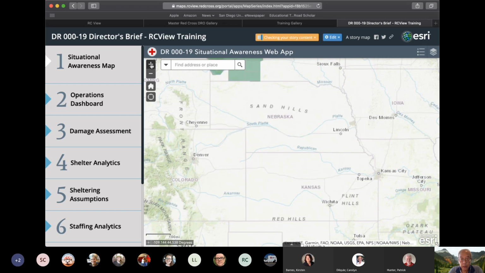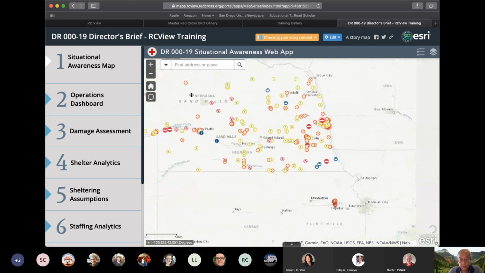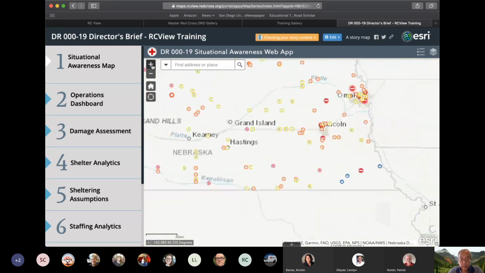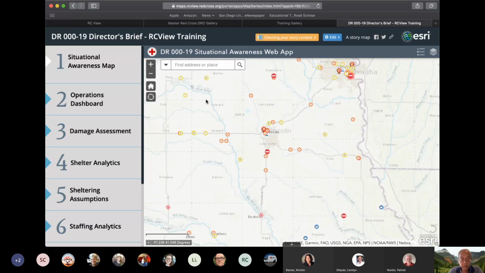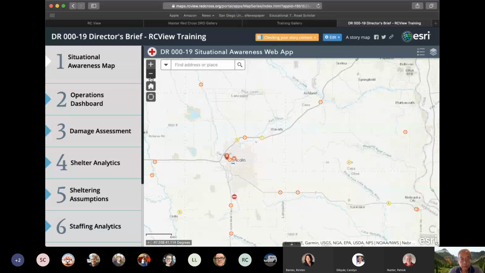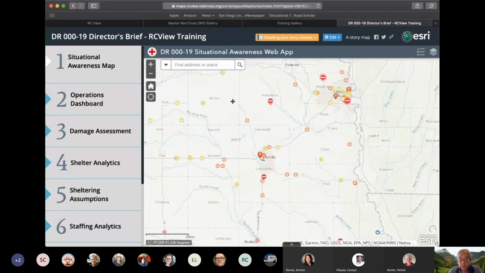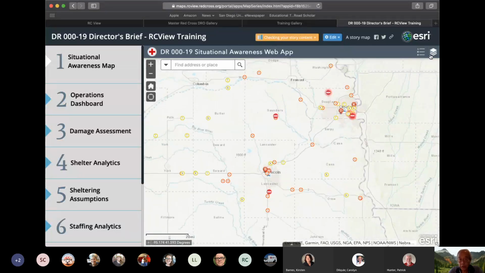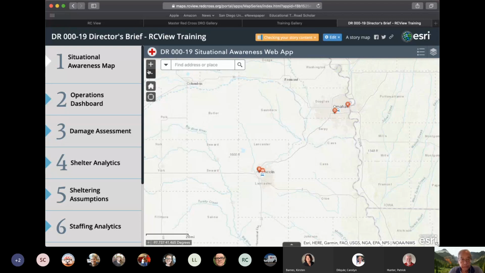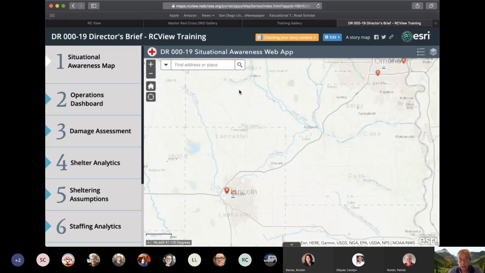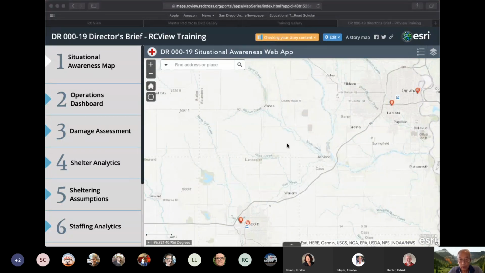So I'm going to then zoom in. Let me clear out some of these other road closures. And it shows in this example that I've got a field kitchen here in Omaha.